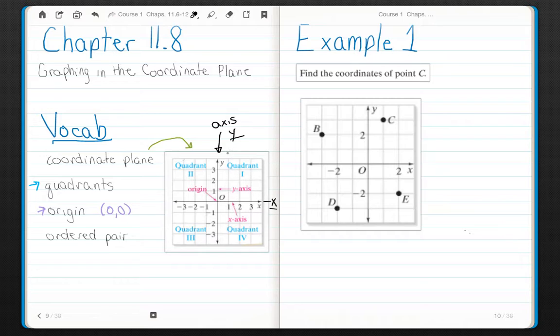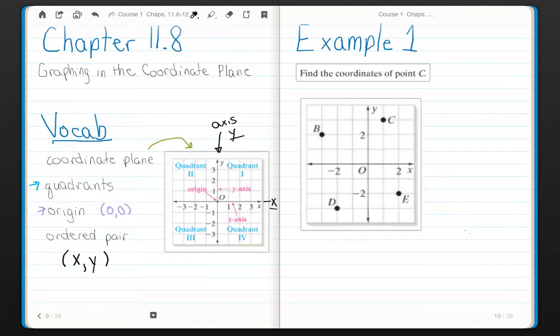When we do that, we get what we call an ordered pair. An ordered pair is a pair of numbers that describes the location. And an ordered pair is always written inside parentheses, with the X coordinate first, a comma, and then the Y coordinate.